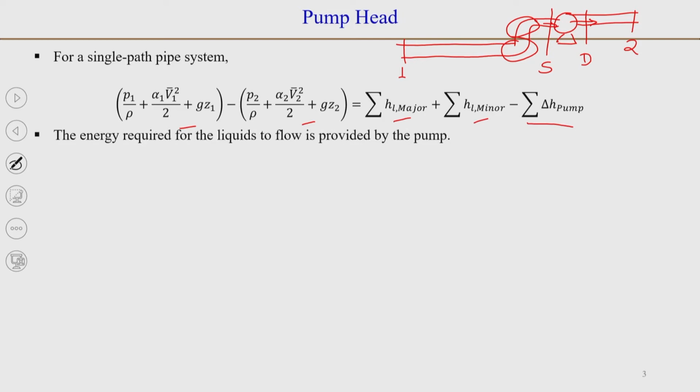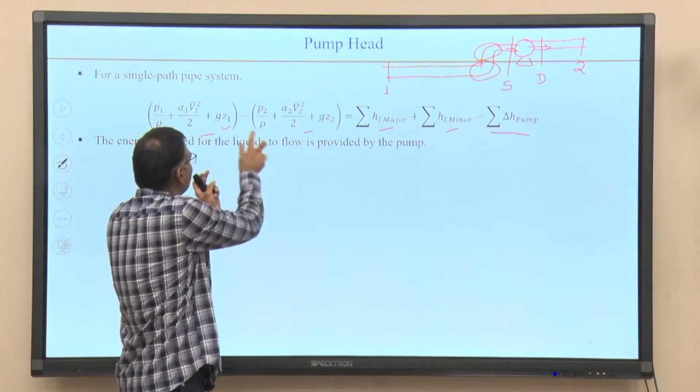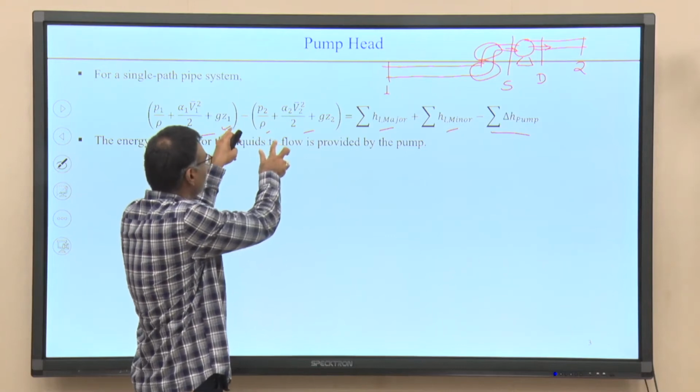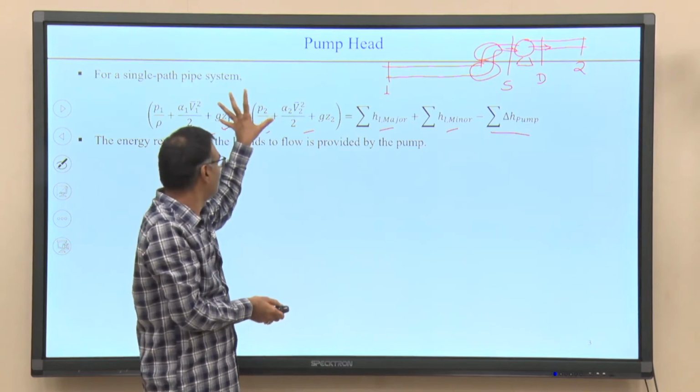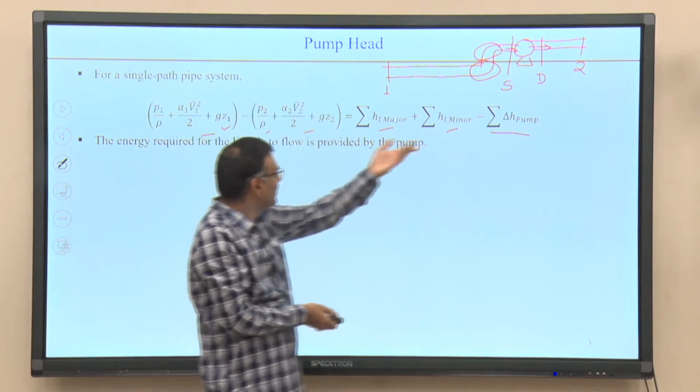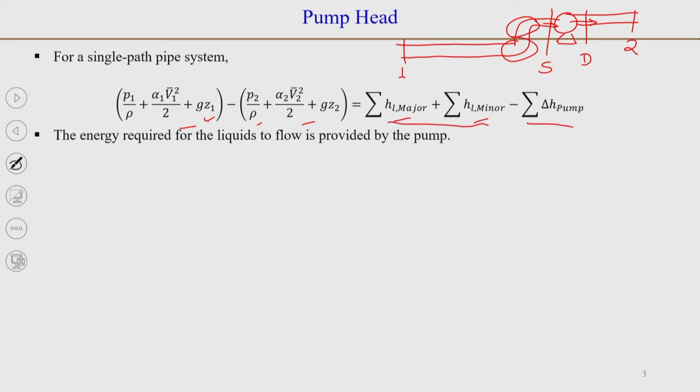So, you can see here that if the fluid energy, the mechanical energy of the fluid at point 1 and point 2, is to be the same, then whatever losses have happened have to be compensated, or that much energy needs to be provided to the fluid by the pump. So, that is the function of the pump. In some cases, as I said earlier, the gravitational head might be sufficient. So, g delta Z can be sufficient to provide for the losses.